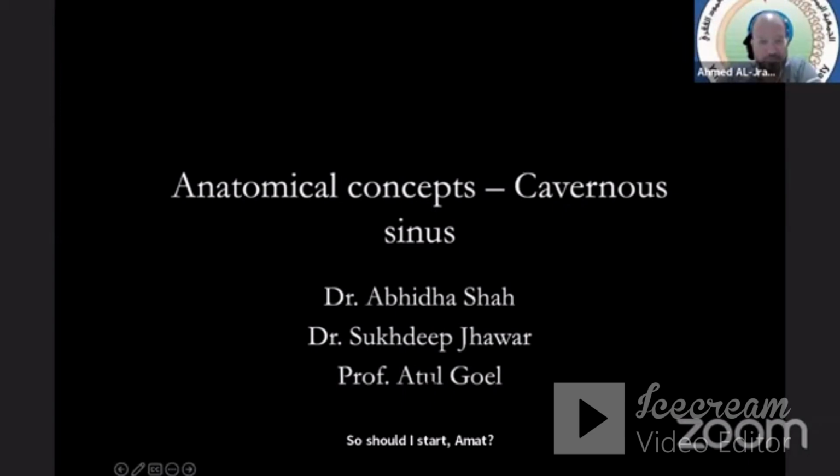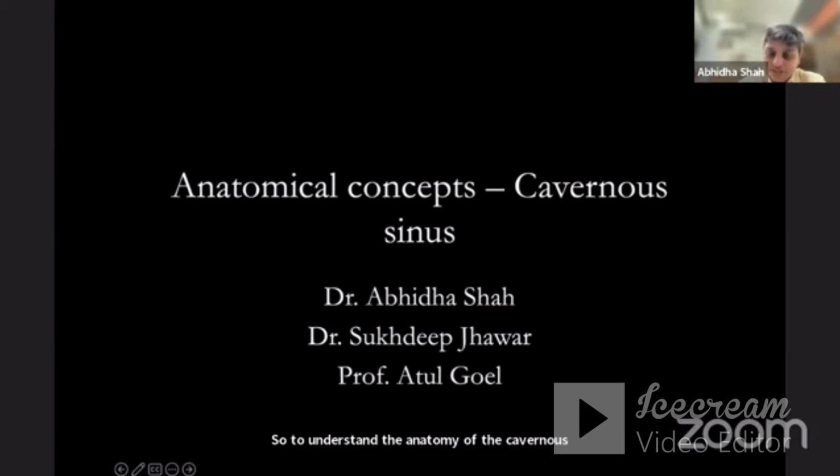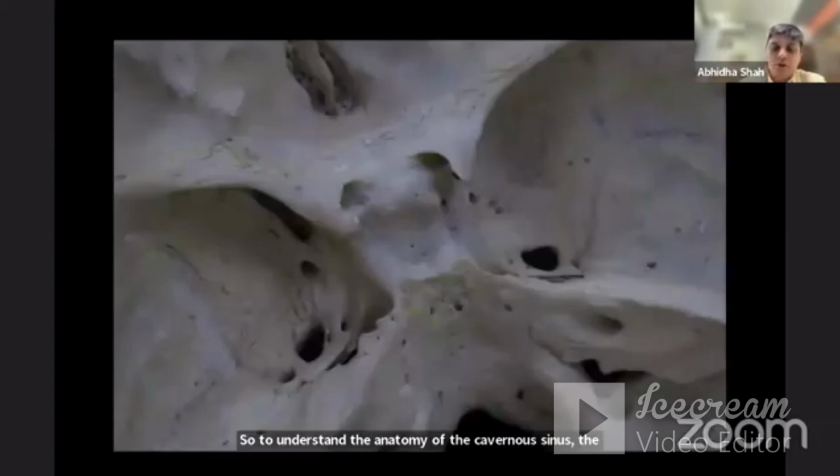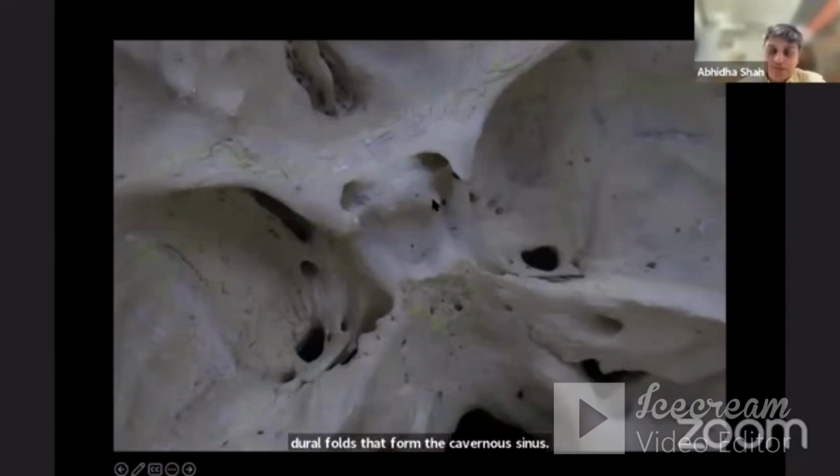You can start. Okay. So now you've seen the anatomy of the dural layers. To understand the anatomy of the cavernous sinus, the first important thing that you have to learn is these dural folds that form the cavernous sinus. So let's look at the bony anatomy first, then we'll see the dural anatomy, and then we'll go into the actual cavernous sinus.